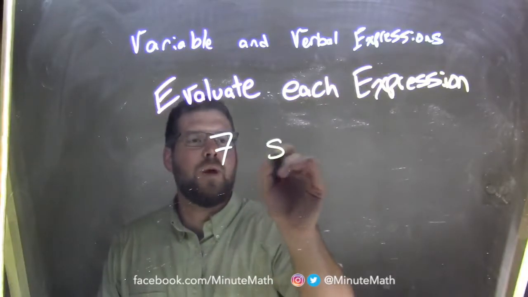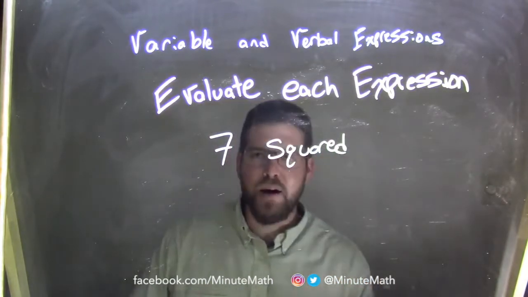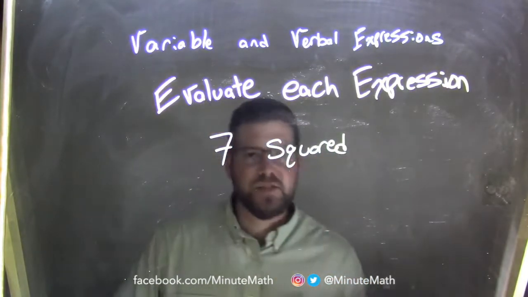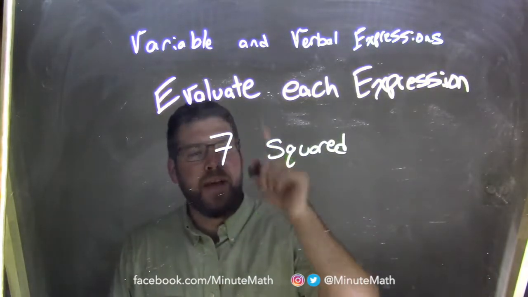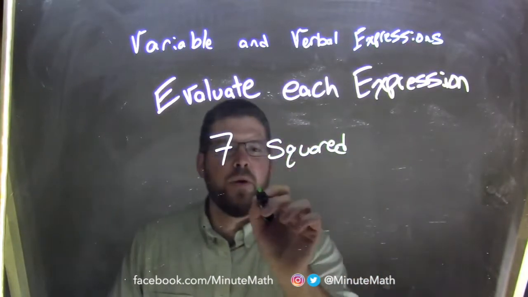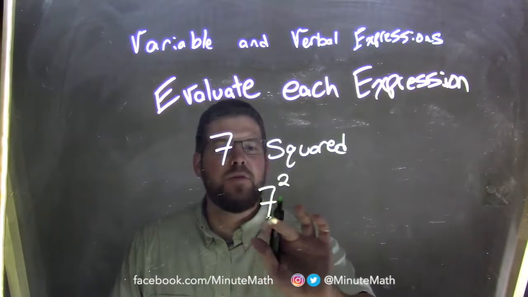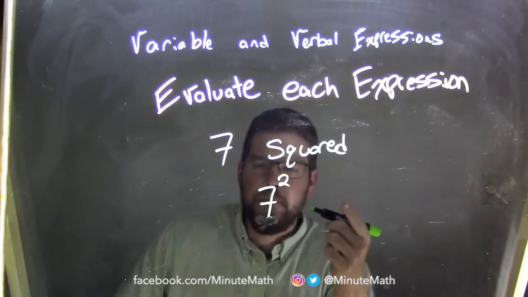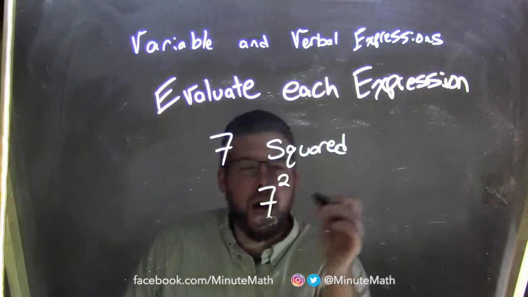7 squared. We're going to take 7 and we're going to square it, okay? So 7 squared. Well, I'm going to look at that, thinking squared, that's a 2 in the exponent. So 7 is my base, 2 is in the exponent. 7 squared, 7 to the second power, and that 7 squared is really 7 times 7.